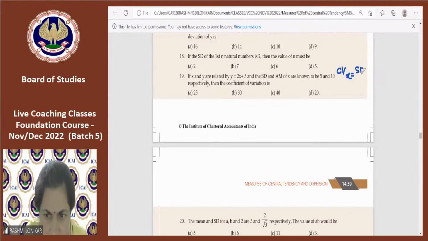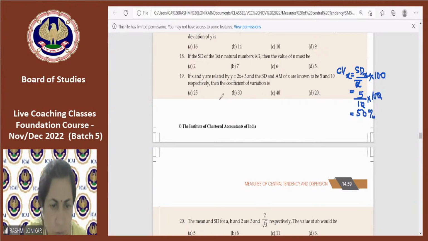Standard deviation of x upon mean of x, that is x bar, into 100. Standard deviation of x is 5. Mean is 10, into 100. So this will be 50%.